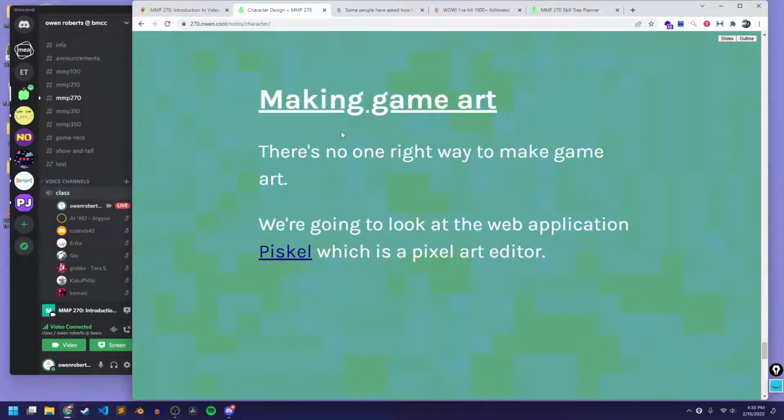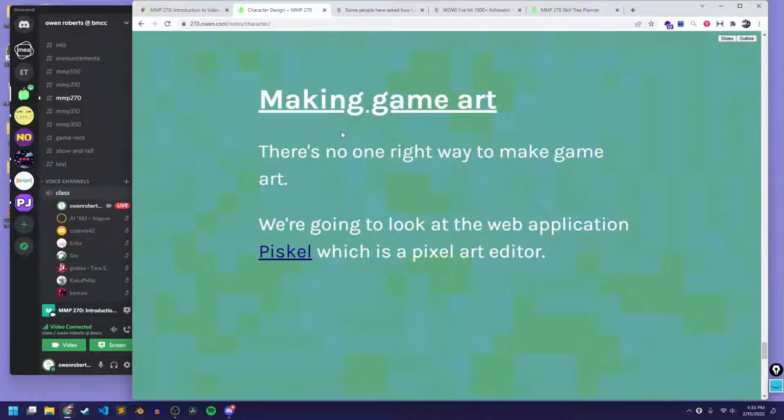That's what we're going to be using, but feel free to use whatever you want. The other real advantage with Piskel, which we'll really see on Thursday, is exporting. It's designed to work with games, so it's designed well to export for use in games.